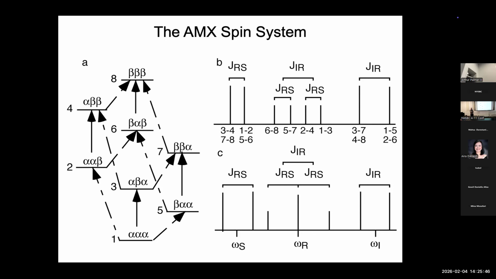Now, if the first coupling generated an in-phase doublet, and the second coupling is antiphase, then you're going to have 4 lines, and each of the original lines is going to be split into an antiphase doublet. So you're going to have 2 positive doublet components and 2 negative doublet components.